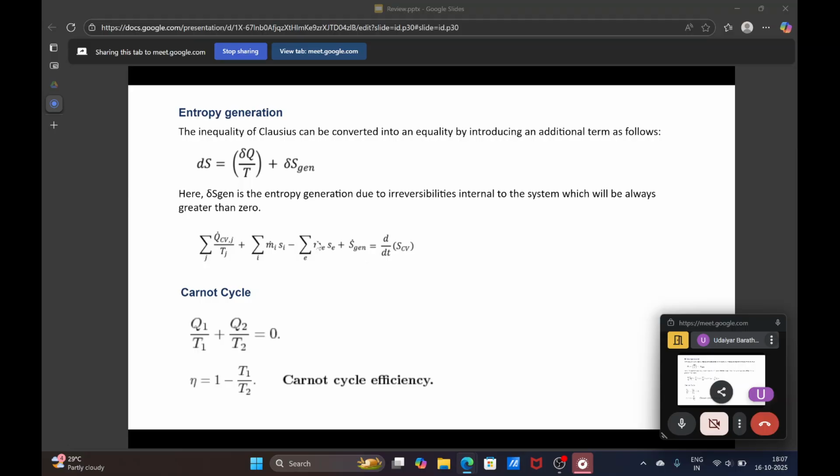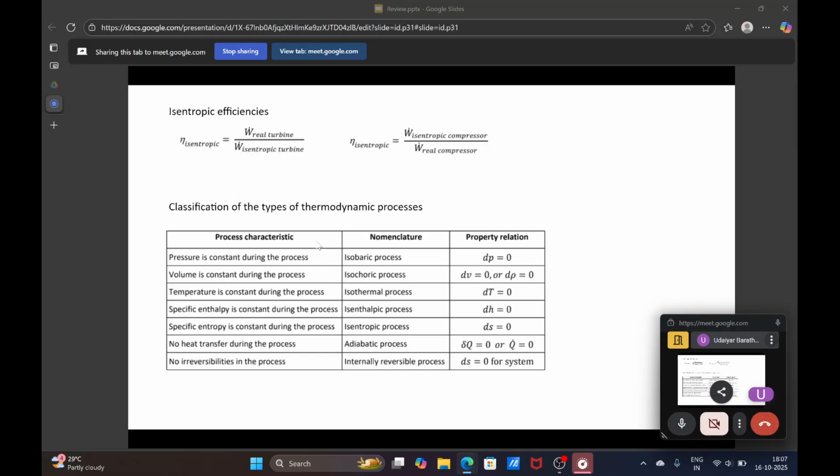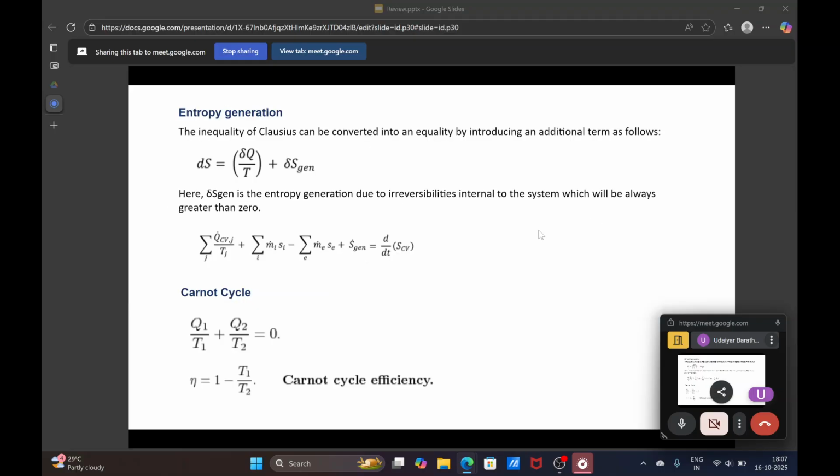And then we have the Carnot cycle. So we know the Carnot cycle has reversible isentropic compression, then isothermal compression, then isentropic expansion, and then isothermal expansion. So you have 4 processes, and it's a reversible cycle.